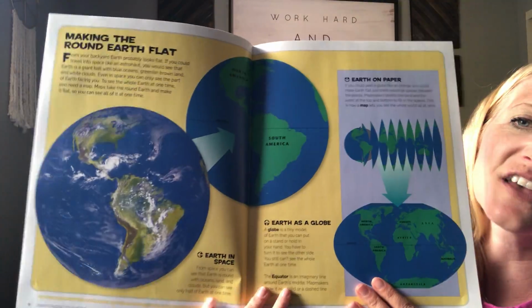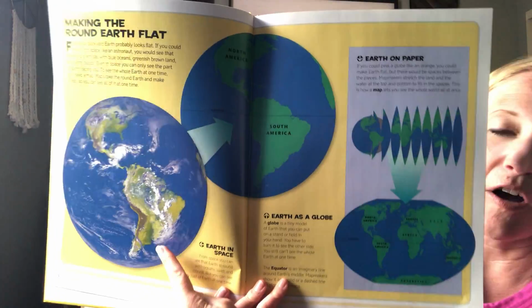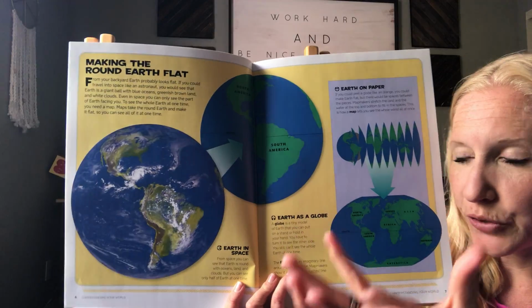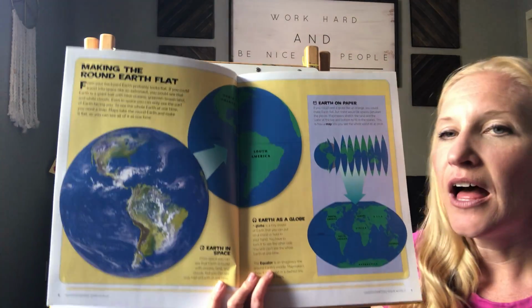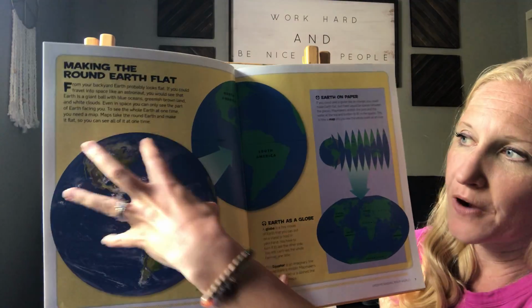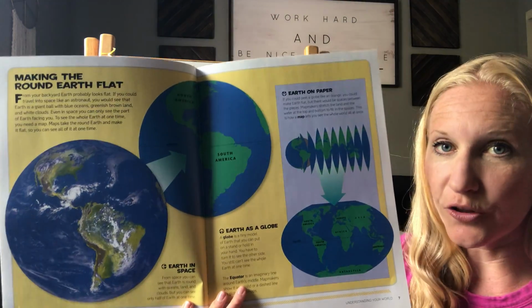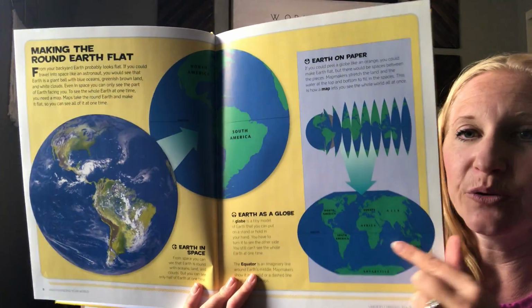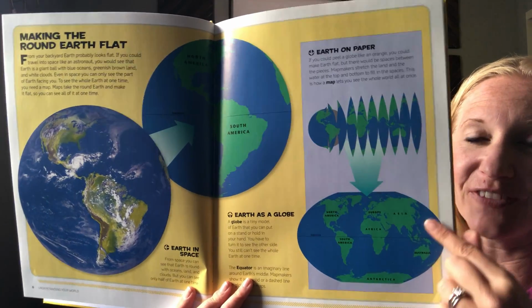So this obviously is a picture of our world, and our world is a sphere, which means it's like a ball. You could hold it in your hand. The problem with trying to do a world map from a sphere is you can't see all the pieces. So oftentimes on maps, what they do is they do drawings where they flatten them.